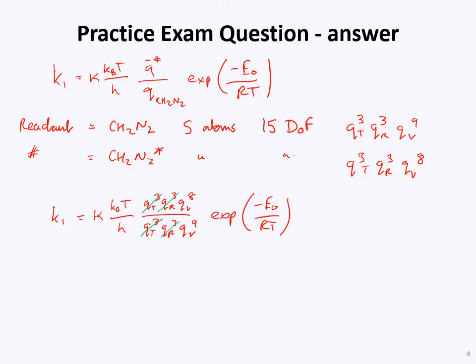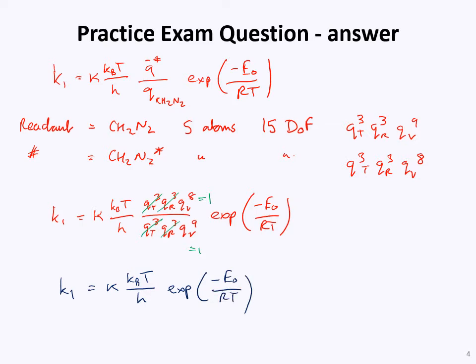So we can say this is equal to 1, and this is equal to 1. And so therefore we end up with, and I'll do this in blue for the fun of it, k1 is equal to kappa k_B T over h exp minus E0 over RT.